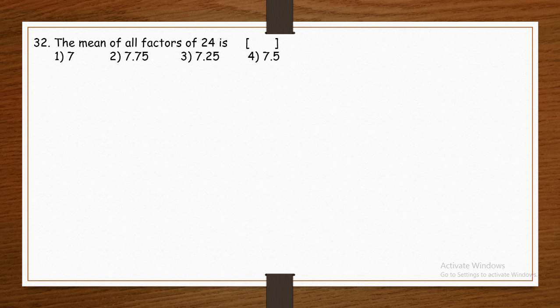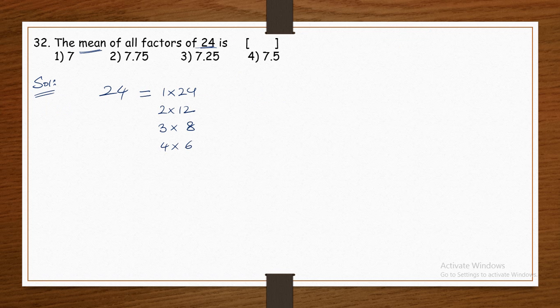The mean of all factors of 24. What is he asking? The mean of all factors of 24. First of all, write down the factors of 24. So 1 into 24, 2 into 12, 3 into 8, 4 into 6.